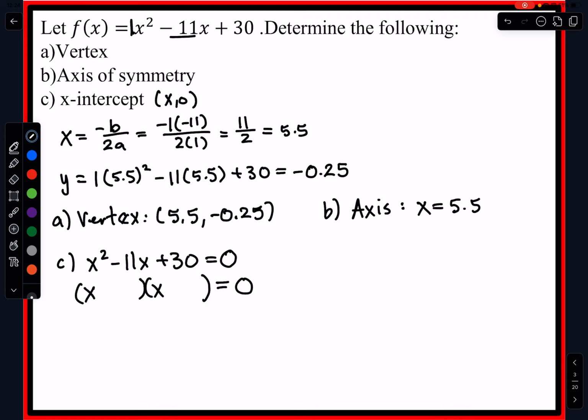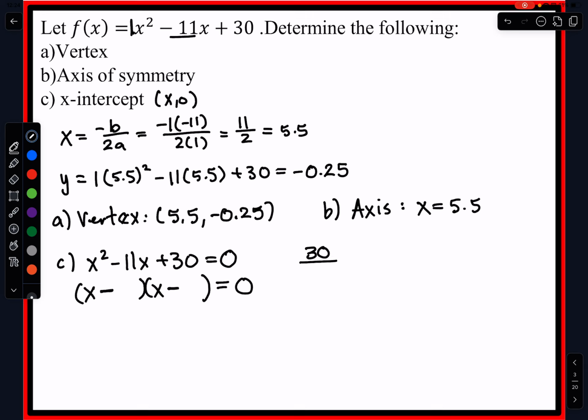Since the middle term is negative, that means we're going to subtract a factor of the 30 in the first parentheses. And since a negative times a positive, specifically this negative multiplied with this positive, is negative, that means we're going to subtract also one of the factors of 30 in that second parentheses.